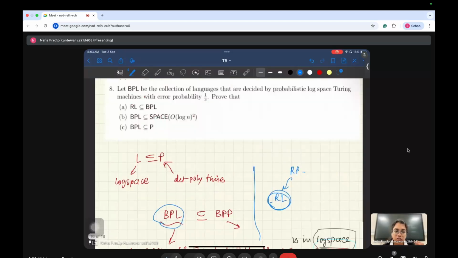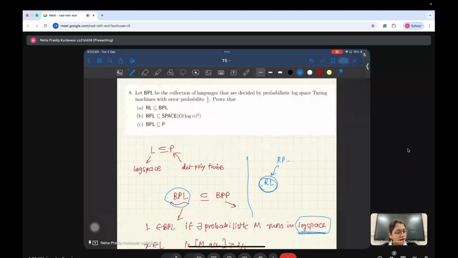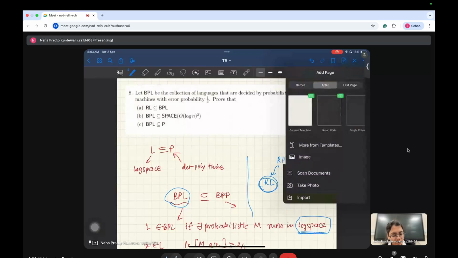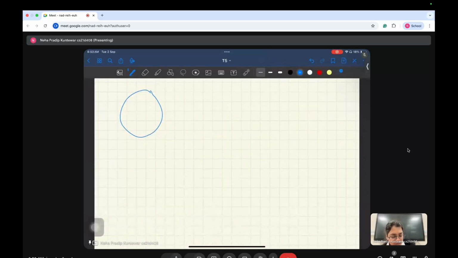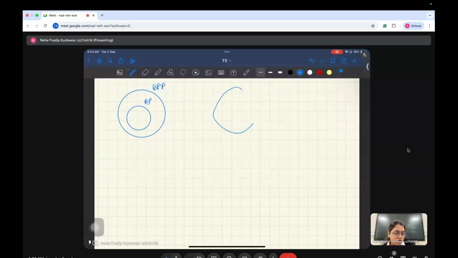These are the two analogs that we define, and we saw earlier that BPP contains RP, that's by definition, and you want to show that BPL contains RL.